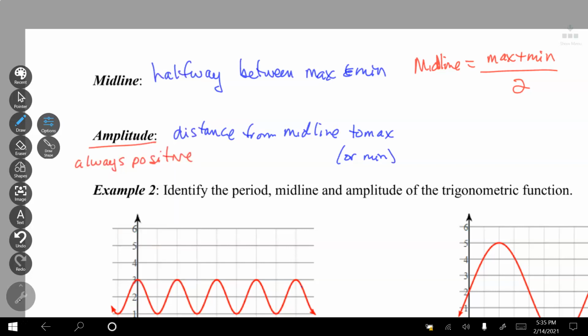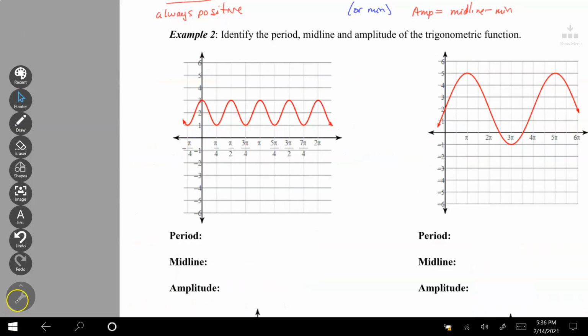Our formula for that is that our amplitude is equal to the max minus the midline. Our amplitude is equal to the midline minus the minimum. You could go the other way. It's just that if you ever get a negative number for amplitude, you have to realize that it is positive. So we're going to identify period, midline, and amplitude for all these four graphs.